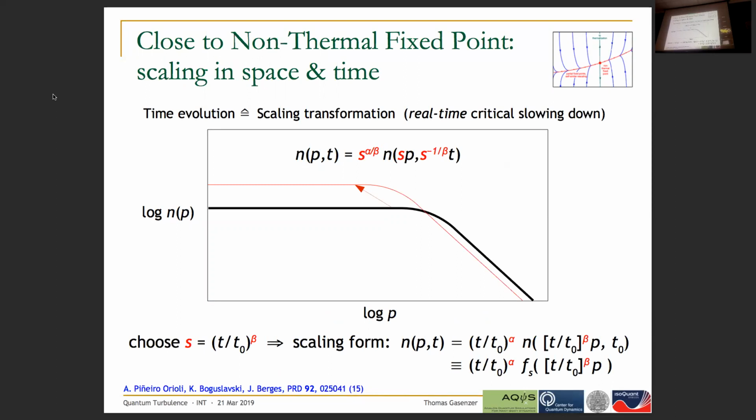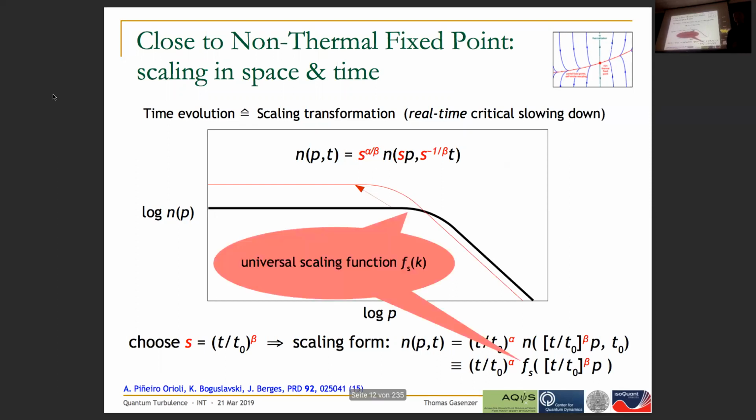If I set this up and now I want to determine alpha and beta, I'm actually putting myself on the fixed point first, forgetting about how I get there. That's the idealized scaling case. But to get there, you will see in a minute, it will be slightly more complicated.